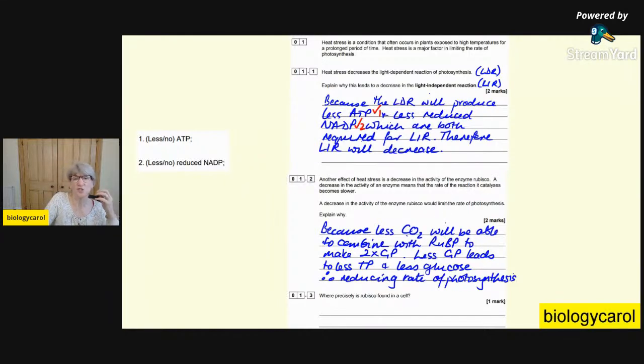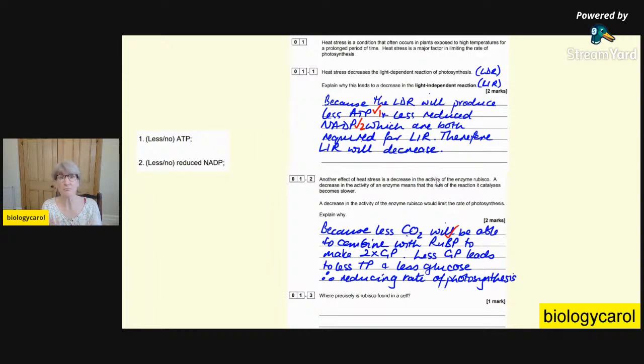Now, here was my question. I knew that they would want this. This bit I was pretty sure of. Up until here, I was thinking I've got a mark. But limit the rate of photosynthesis. What was going to be the bit of the Calvin cycle that got me the mark that proved that photosynthesis was being limited?